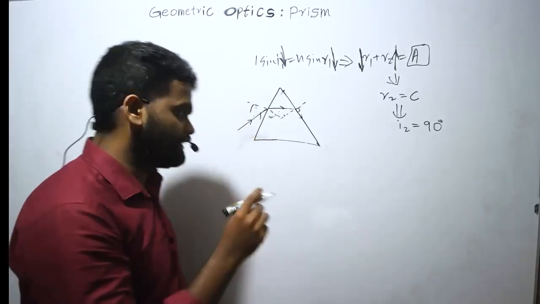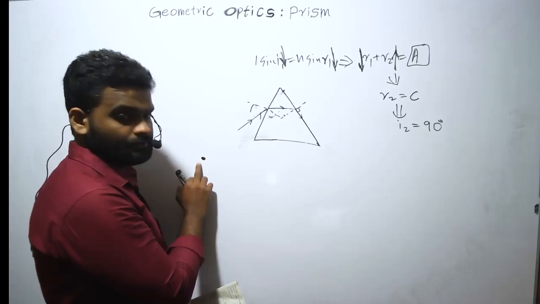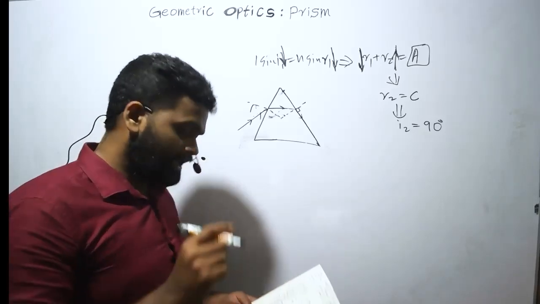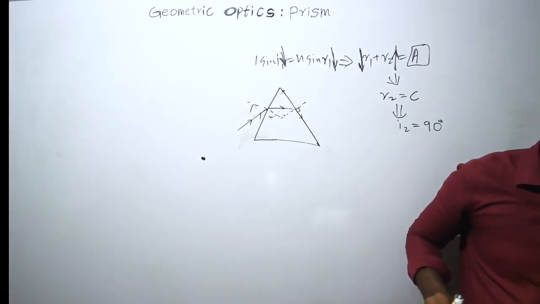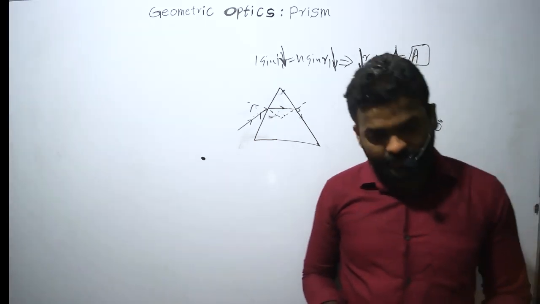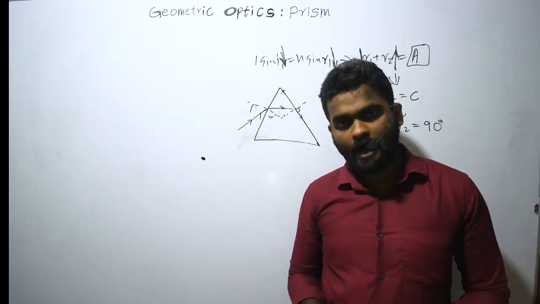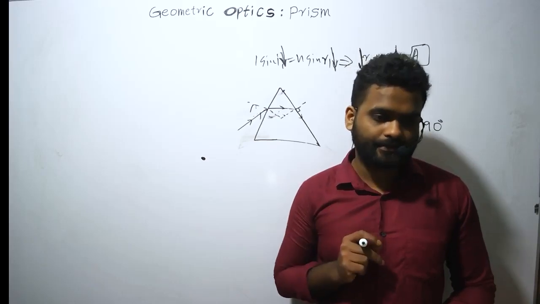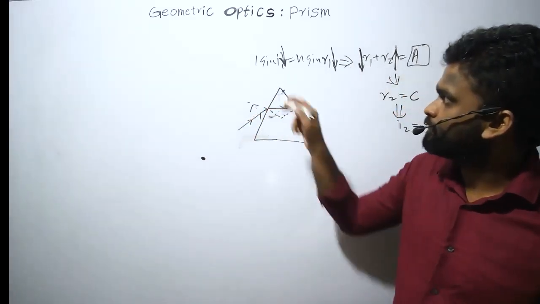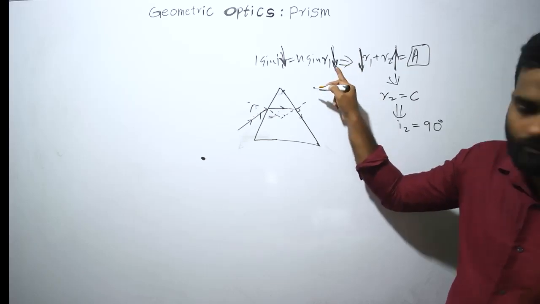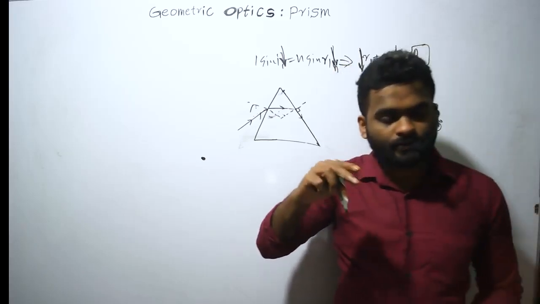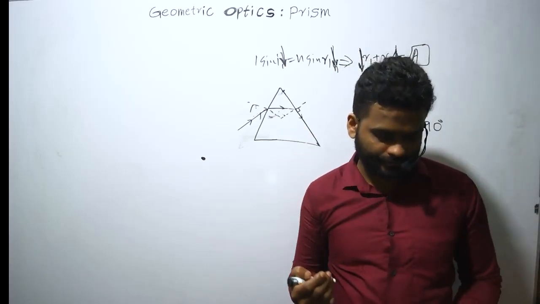Put a point and write down: if I1 further decreases, R1 also further decreases.